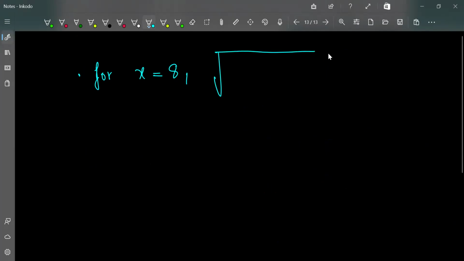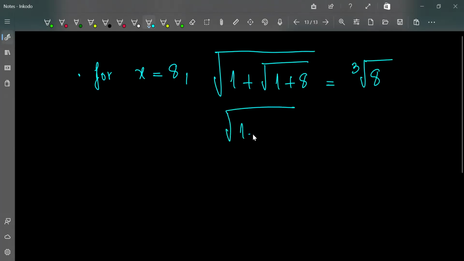So for the last value, x equal to 8. Okay, so we can substitute it into the original equation. We get 1 plus the square root of 1 plus 8 equal to the cube root of 8. Right now we can write 1 plus the square root of 9 equal to the cube root of 2 cubed.